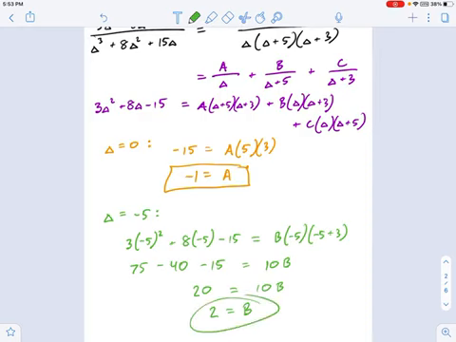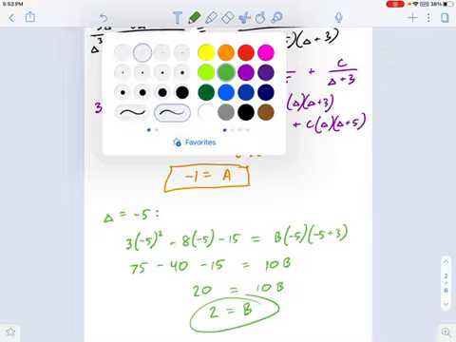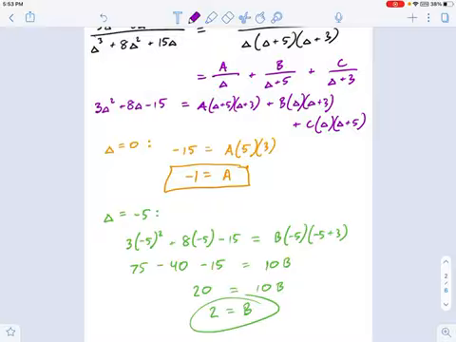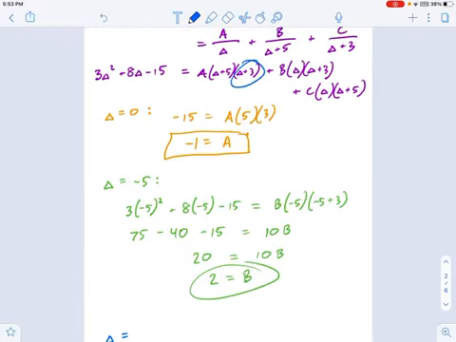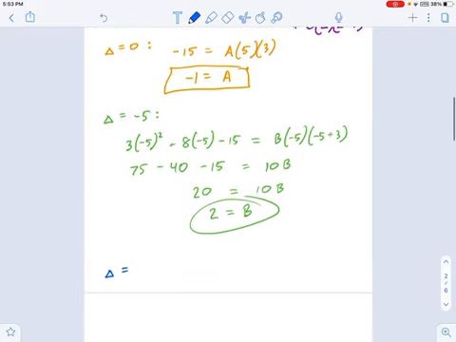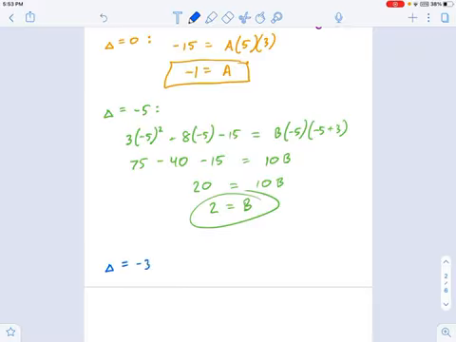And if you do the same thing, I'll let you work through this one on your own. I've already used purple. Let's switch to blue. If you were to do the same thing and say, what's my last interesting denominator, it would be this delta plus 3 thing that we have not chosen yet. If you say delta equals -3, that's going to tell you what c is once you work through it.